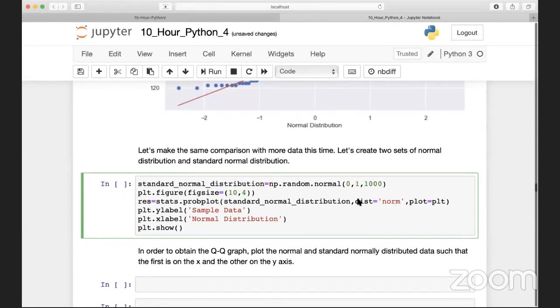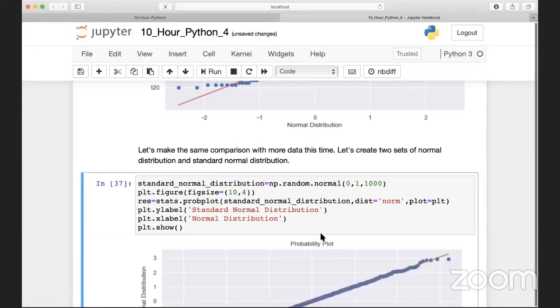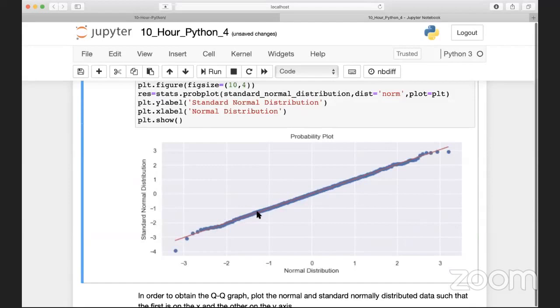What else? The benchmark is normal distribution. I have standard normal distribution, so it should follow the 45-degree line. You see? It exactly follows the 45-degree line.